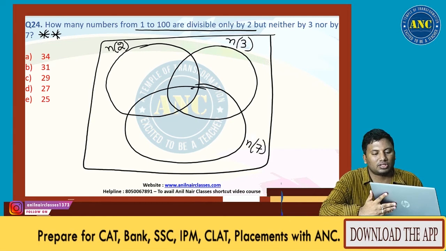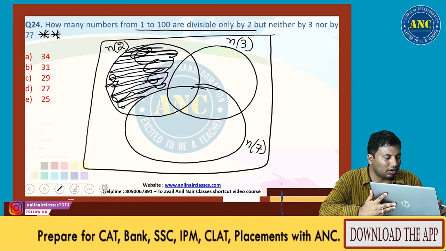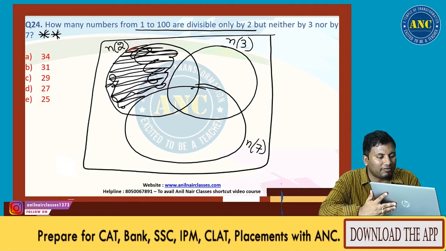How many numbers are divisible only by 2? Only by 2, but neither by 3 nor by 7. That means one way to solve this question is, find out this total, and in this total, subtract this case.